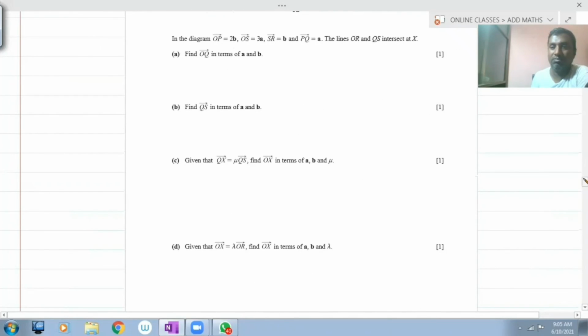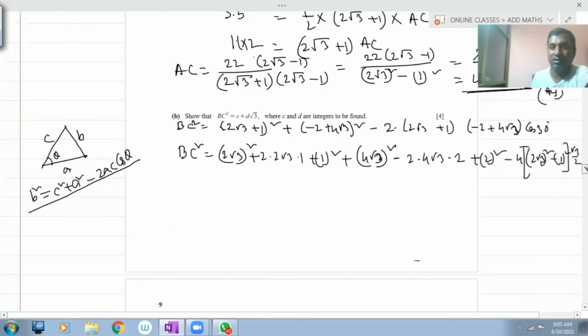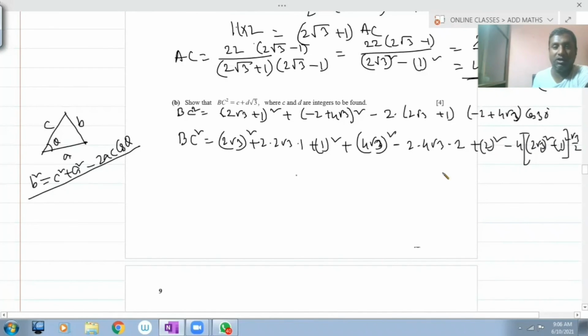So now let us simplify this. Okay, now got it. This is BC square equals to 2 to the 4, 3 4 the 12, plus 4 root 3, plus 1, plus 16, 3 16 the 48, minus 4 to the 8, 8 to the 16, root 3, plus 4, minus, this is 2 to the 4.